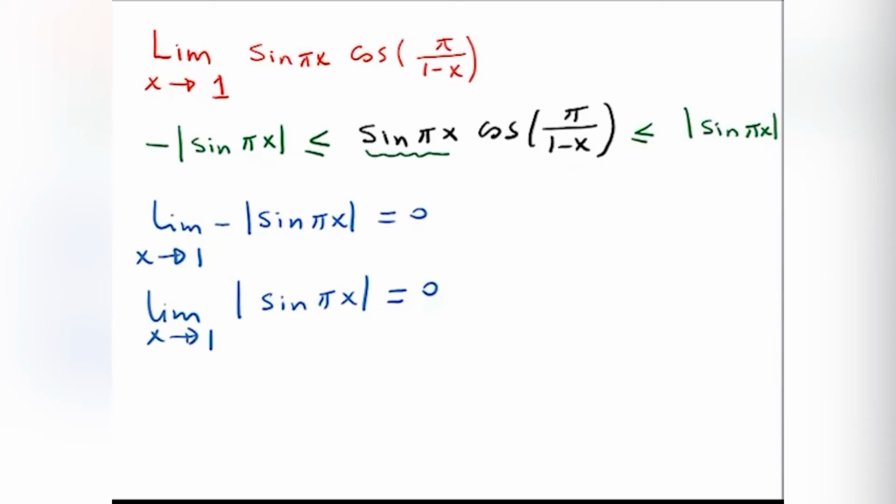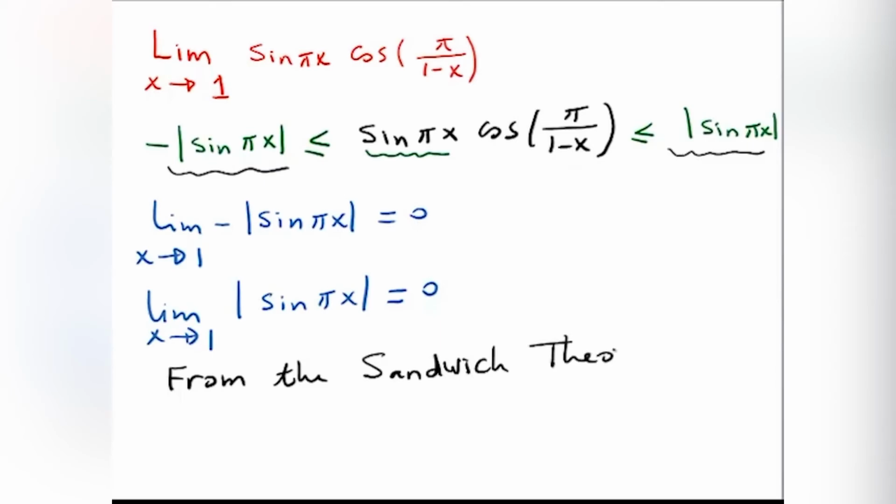You see, the limit of the left side is equal to 0 and the limit of the right side equals 0 as well. Then I can apply the Sandwich Theorem. From the Sandwich Theorem, the limit of the middle quantity must be equal to the other two limits.